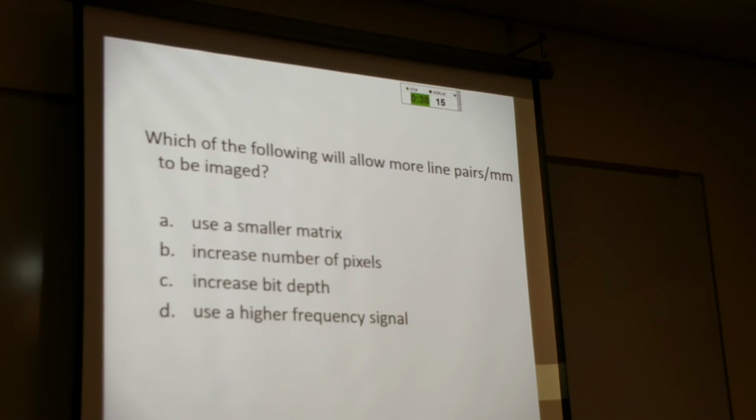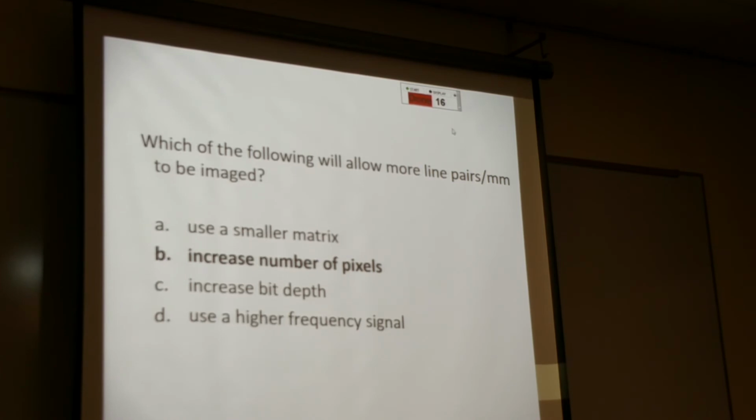When we talk line pairs per millimeter, it's usually a function of the image receptor, not of the imaging X-ray tube or anything like that. It's the image receptor.